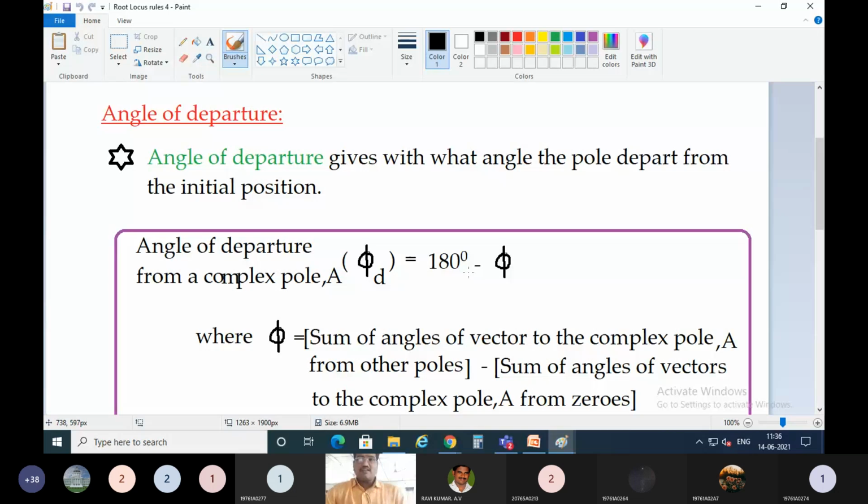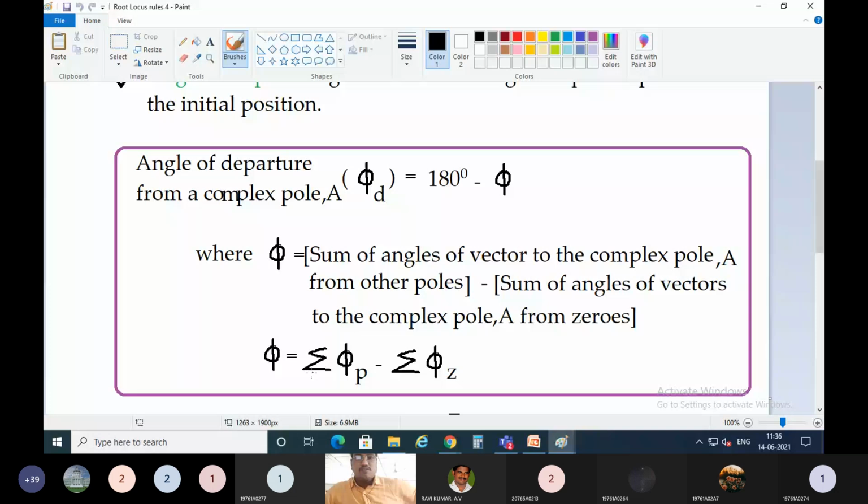That is phi d, which is equal to 180 degrees minus phi. In some textbooks they use theta. Anyway, whatever it is, the formula is phi d equals 180 degrees minus phi, where phi is the sum of angles contributed by the poles to the complex pole minus the sum of angles contributed by the zeros to the complex pole.